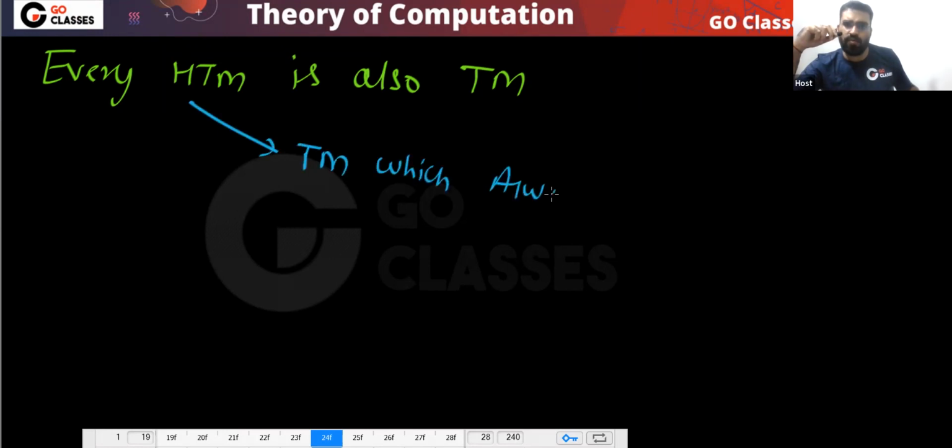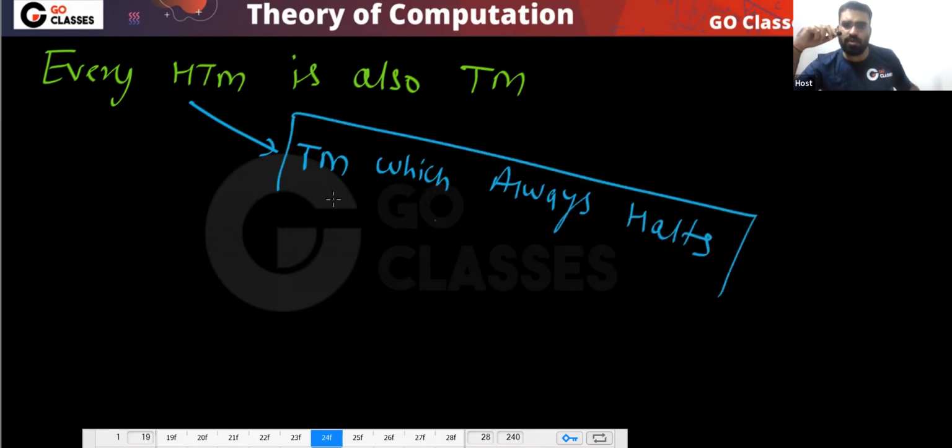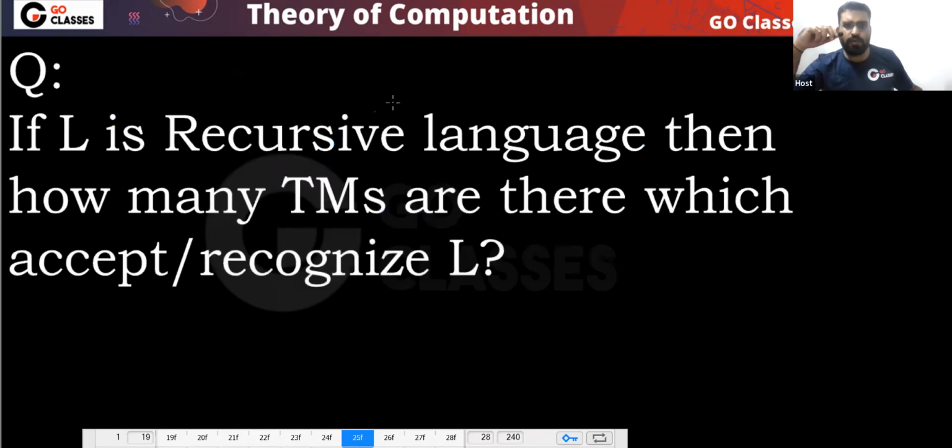You already know this. Now tell me, for a recursive language, how many Turing machines are there? Again, infinitely many Turing machines you can create, because there exists a Turing machine.